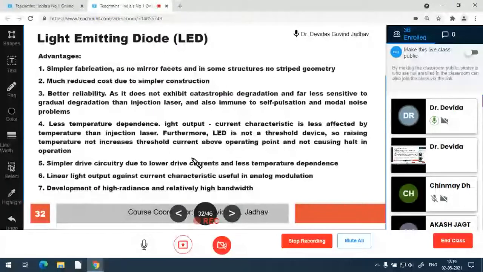So better reliability is there as it does not exhibit catastrophic degradation and is less sensitive to gradual degradation. Degradation means the quality of the working parameter or specification of the device slowly gets reduced. Gradual means slowly.